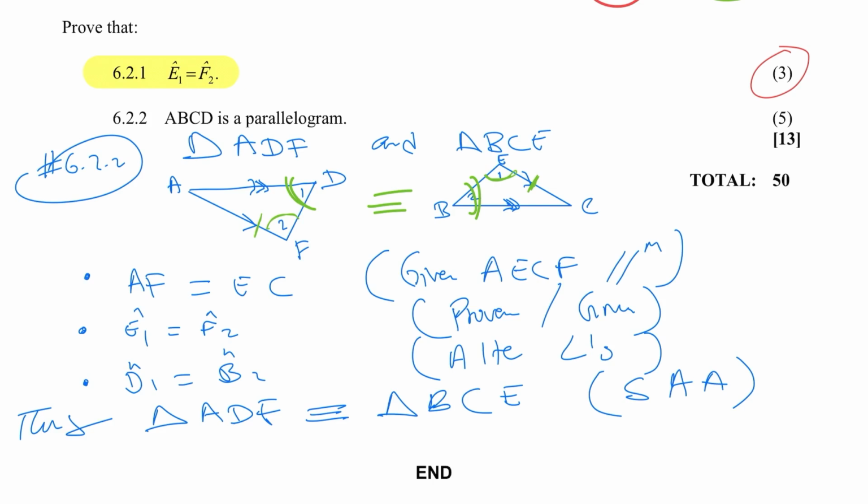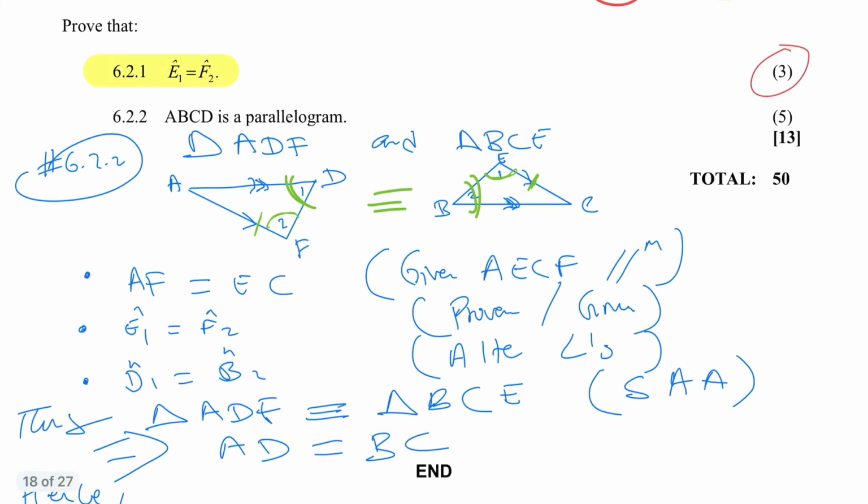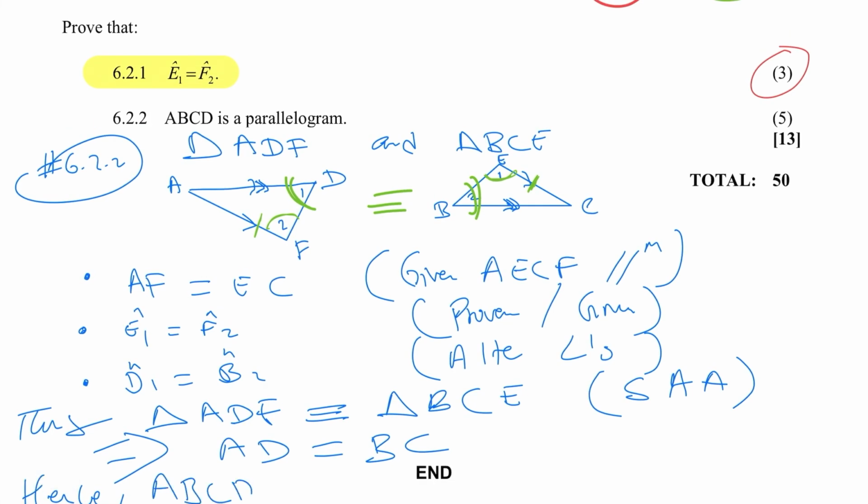If that's the case, then this is equal to that. These two sides are equal. So this implies that AD is equal to BC by the definition of similarity, right? And that implies that ABCD is a parallelogram.